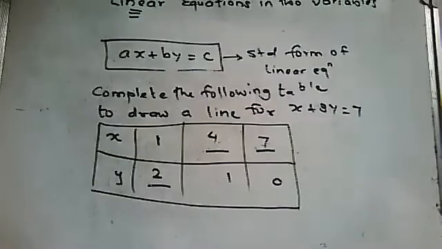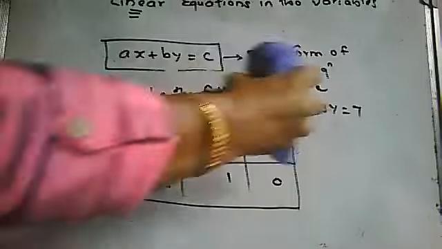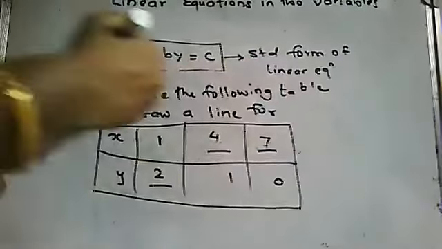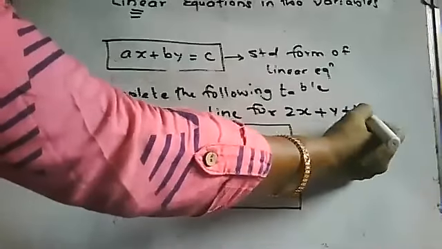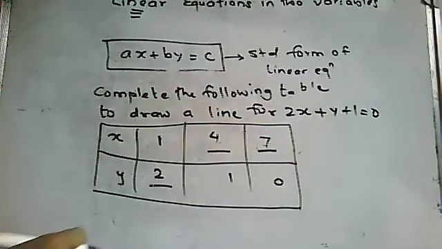This way they may give you to complete the table. One more I'll give. I will change the equation. 2x plus y plus 1 is equal to 0. This is the equation.